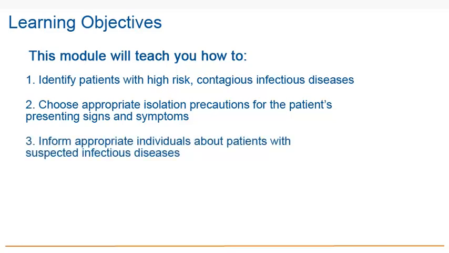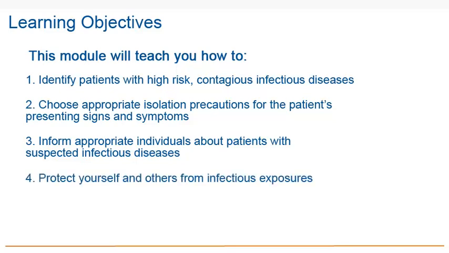Third, we will review why it's important to quickly inform the appropriate individuals about patients with suspected infections. And finally, we will review how you can protect yourself and others from infectious exposures while at work.